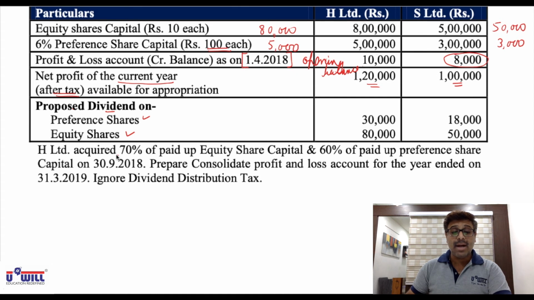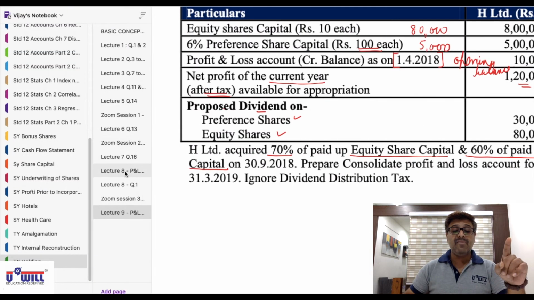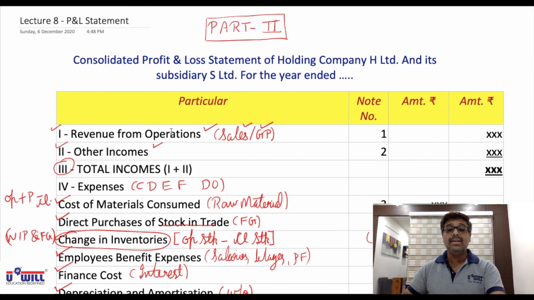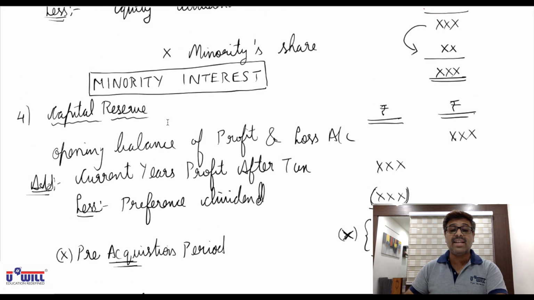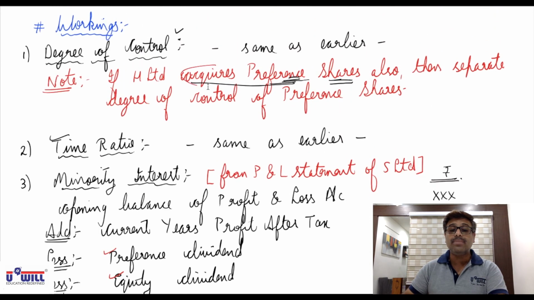H Limited acquired 70% of paid up equity share capital and even 60% of paid up preference share capital. Even preference shares are acquired. So I told you, if you remember, in the workings, if preference shares are acquired, then we will also find the preference shares degree of control.